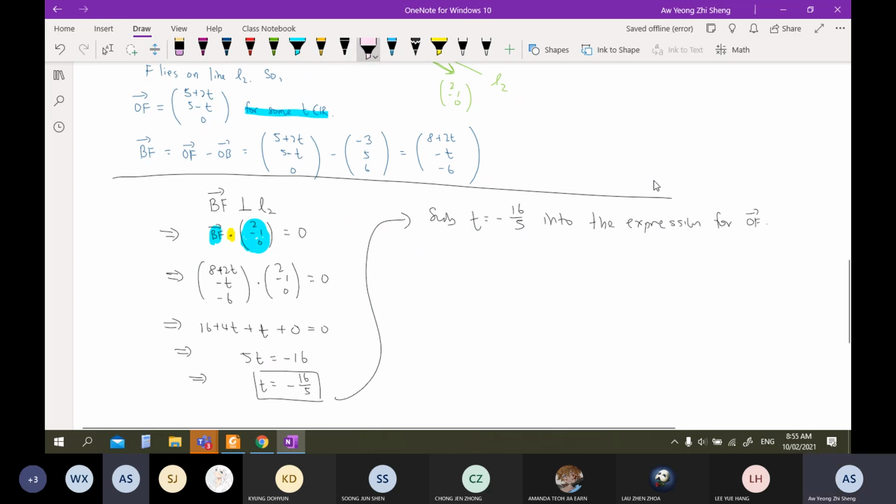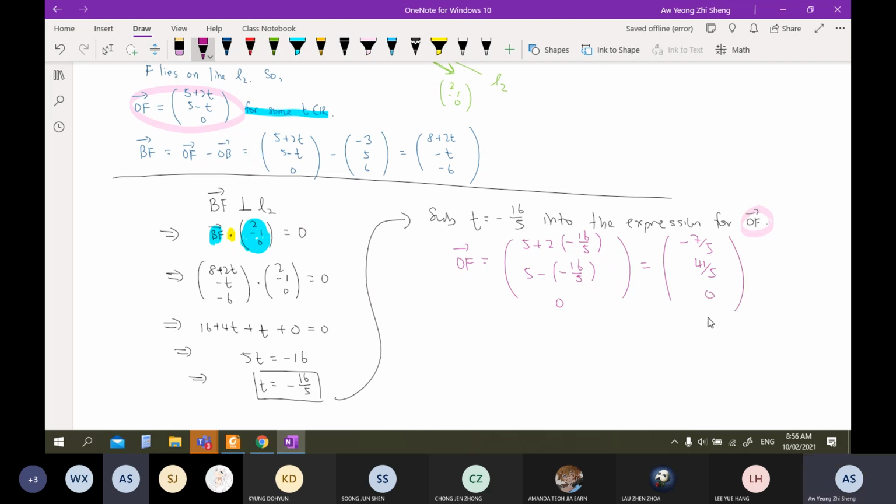I'm substituting into the pink color expression that I circled above. So now we have OF equals 5 plus 2 times minus 16 over 5, 5 minus minus 16 over 5, and 0. After doing the computation, you should get minus 7/5, 41 over 5, and 0.